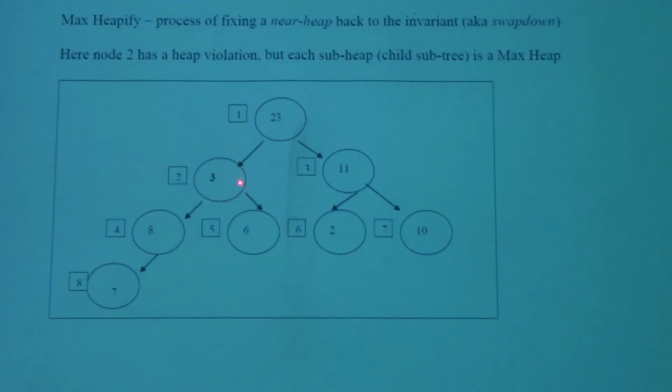So that means this is a violation, but the right subheap is okay. That's a heap, and this one, is that a heap? Is it? Think about it. Well, in order for it to be a heap, it's got to be complete and satisfy the invariant. So is this thing complete? No. Yes. This is complete. It's a root and a left child. So it's complete. Right?